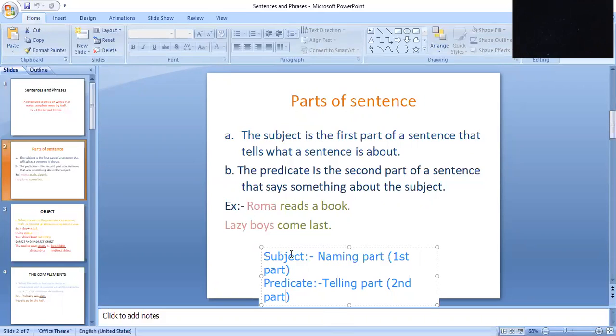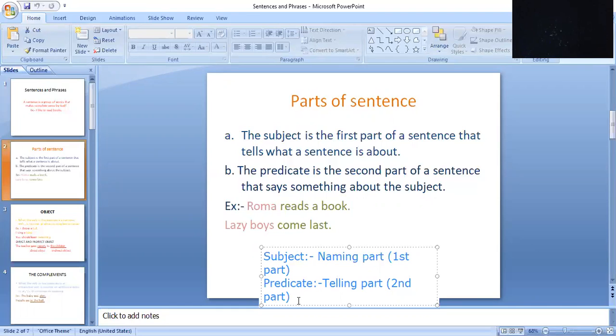Subject indicates what the sentence is about. Subject tells what a sentence is about. What is predicate? Predicate is the second part of the sentence that says something about the subject.